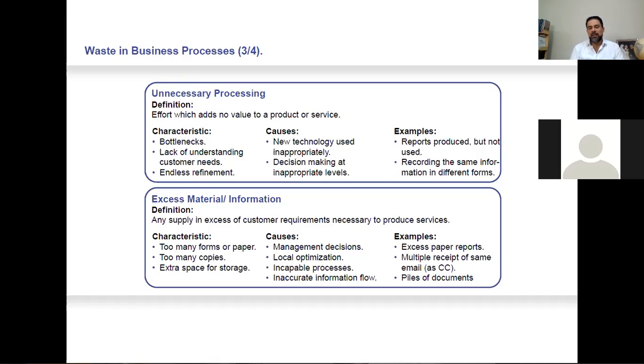Then the requester is putting a margin for the order. Then the purchaser is putting a margin. And then the supplier is giving a standard quantity, which adds another margin. We end up with 10 to 20% extra material in some items. So this is excess material or excess information.